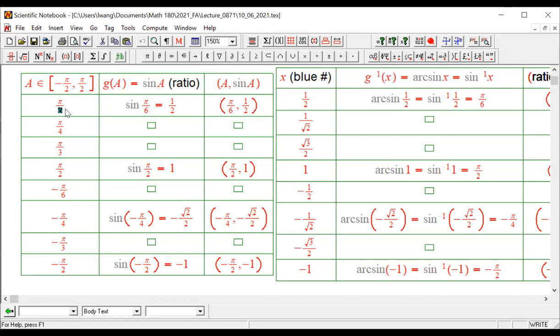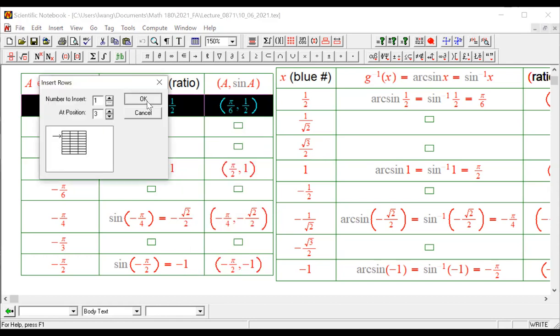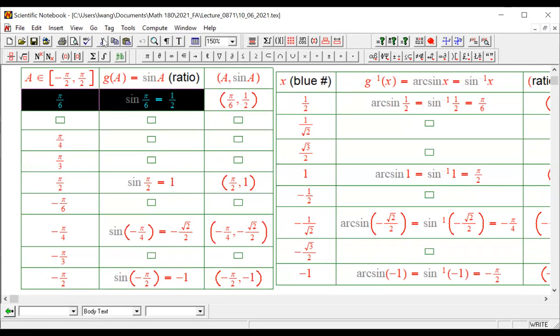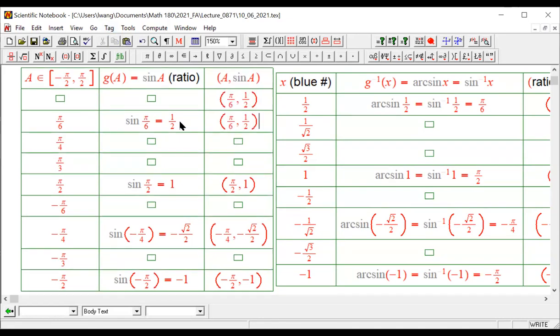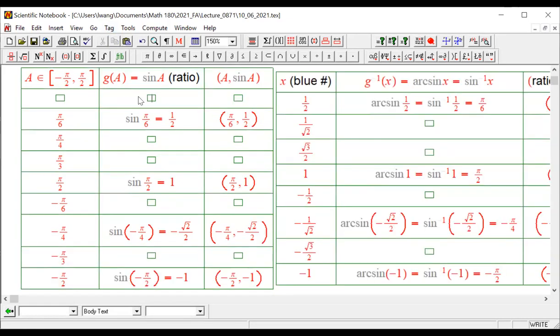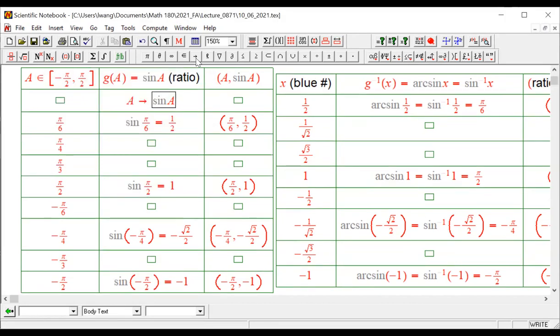For pi over 6, the input, remember these rules. The input is angle, the output is ratio. So the point is going to look like this: angle, ratio.